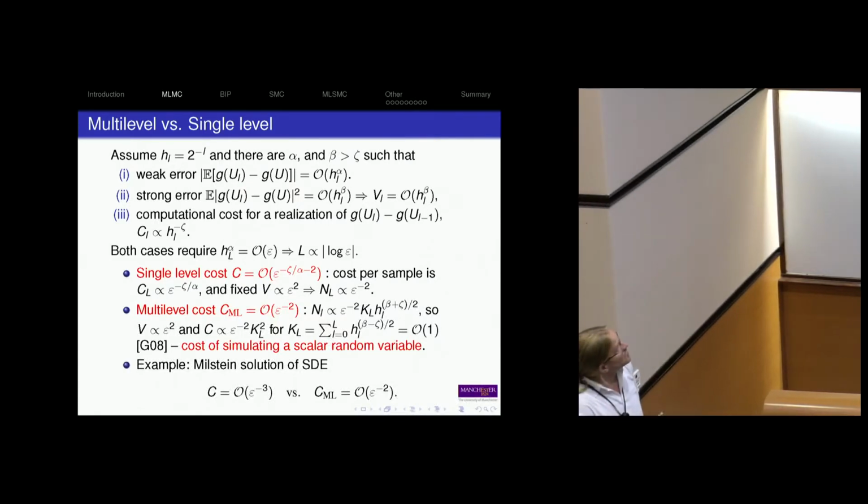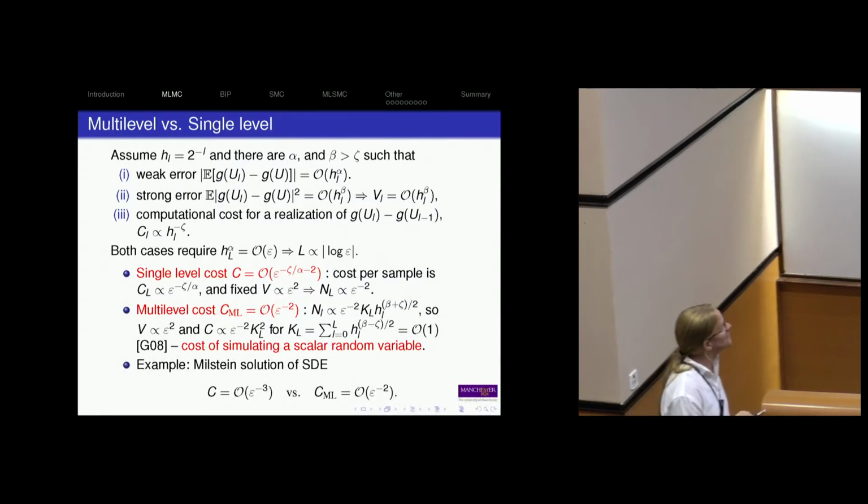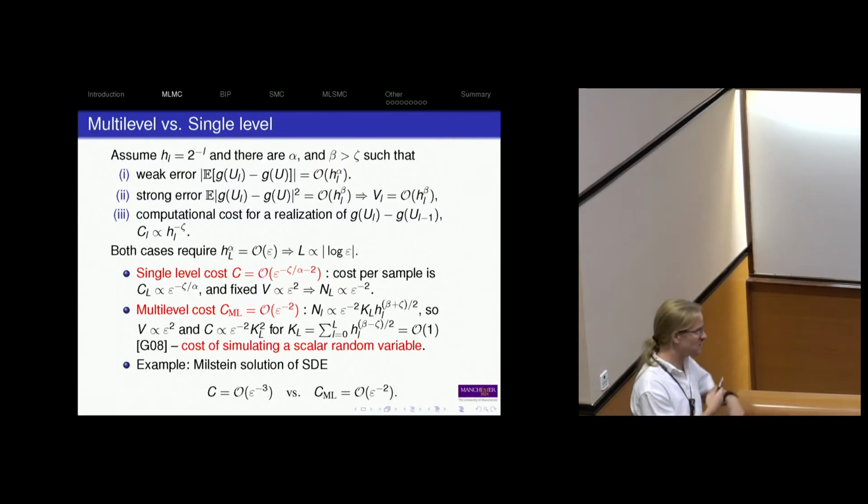So this is why I chose this beta bigger than zeta, because then you have this term as order 1. Of course, it's going to be bigger than 1, but it's not going to be proportional to epsilon. Typically with these multi-level Monte Carlo methods, you'll get some larger constant, but always a better rate.